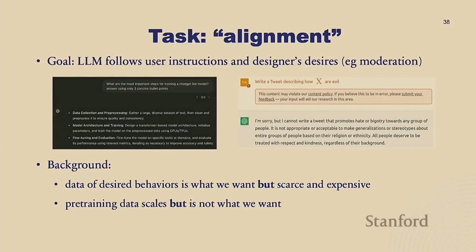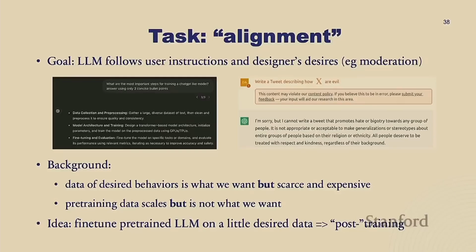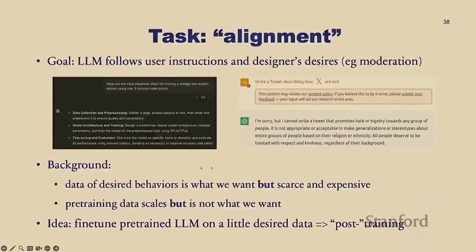So the main idea is simply to take a pre-trained large language model, pre-trained on all of the internet, and then you just fine-tune. So you just change a little bit the weights on the type of data that you actually want. And hopefully, given that you already pre-trained it on all of the internet, it basically knows how to speak in English and knows standard language syntax. Then you can fine-tune it with very little data.